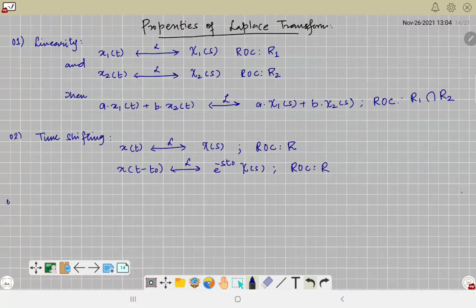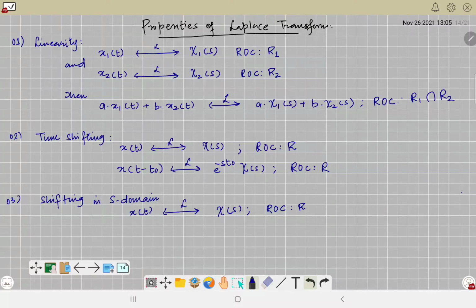But we also have shifting in the S domain. Fine. Again, this follows from the duality property. So shifting in the S domain is something like this, that if I have a signal x(t), it has a Laplace transform X(s) with the region of convergence R. Fine.